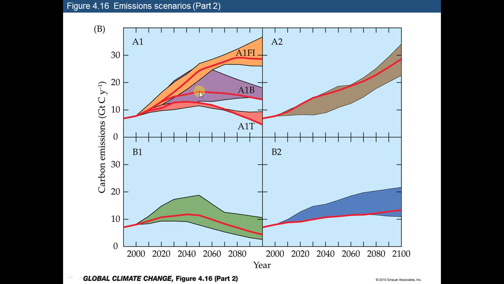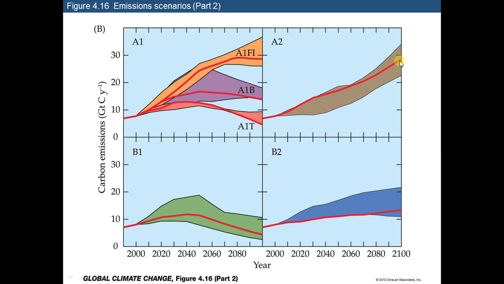And for A1B, you notice emissions, yes, continue to increase until the middle part of the 21st century, and then they slowly start to decline. Okay, so that's good. And for A1T, it's even better. Emissions slowly increase, not nearly as much as A1B or A1FI, and then they start to decrease. Okay, by the end of the century, the world's emitting less carbon dioxide than now. Okay, technology really helps us. For A2, emissions keep going up.